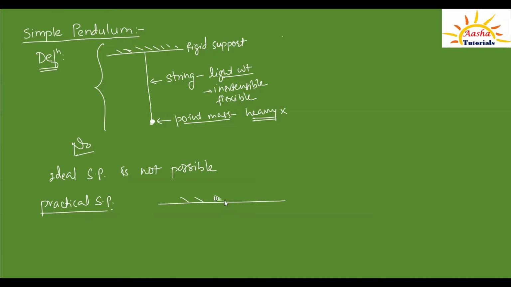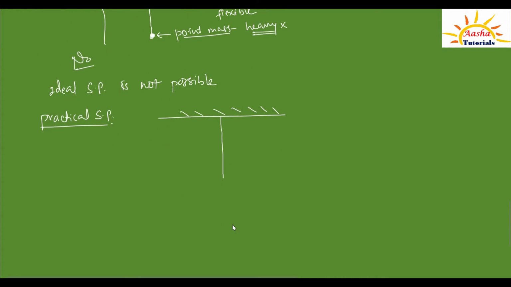You take a rigid support, and to that you connect an inextensible string. Even if it is not 100% inextensible, we say a string with minimum elasticity, for example cord material. If you connect to that, not a point mass, but a heavy spherical mass which we call a bob, then this system we can call a practical simple pendulum. So a practical simple pendulum is formed like this.